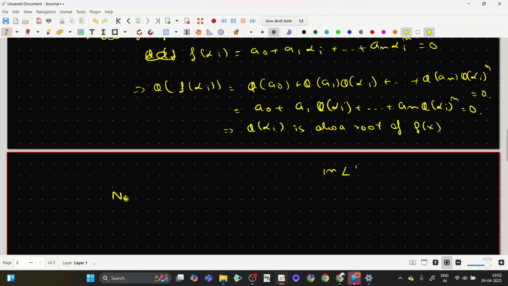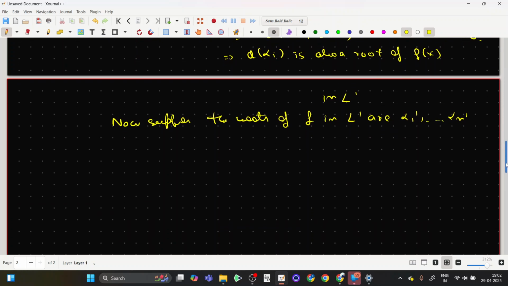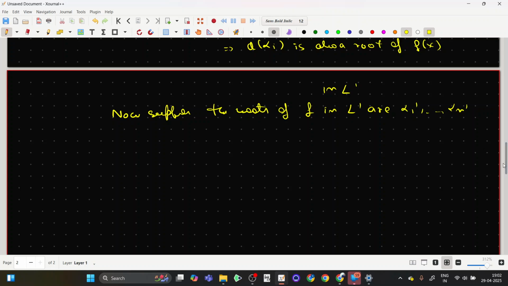Now suppose the roots of f in L prime are denoted as, let's say, alpha 1 prime till alpha n prime. So in other words, these alpha 1 till alpha n are in some sort of a permutation of these alpha 1 primes till alpha n primes, right?